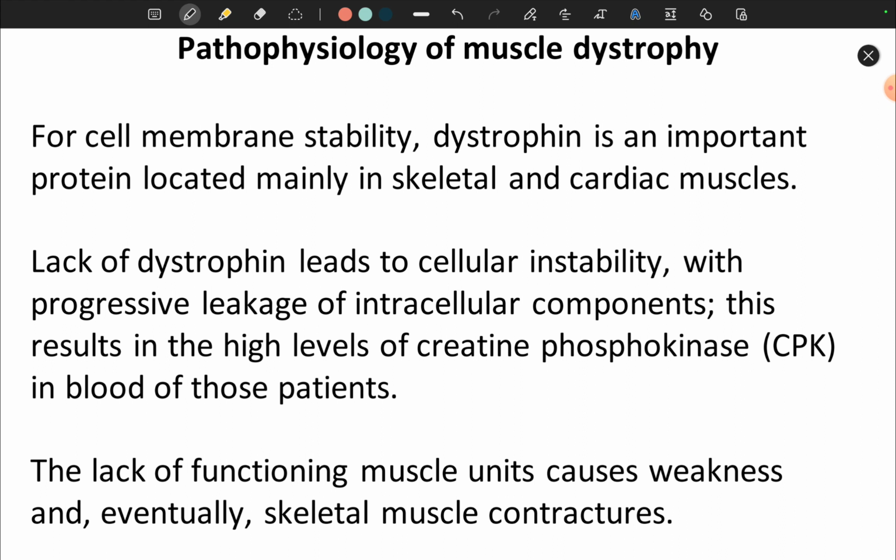If you find a high level of this enzyme in the blood, there is muscle degeneration, either skeletal or cardiac. And even in MI, this enzyme is raised. What is MI? Myocardial infarction. So even in MI, CPK, creatine phosphokinase, is raised because there is cardiac muscle degeneration. Okay.